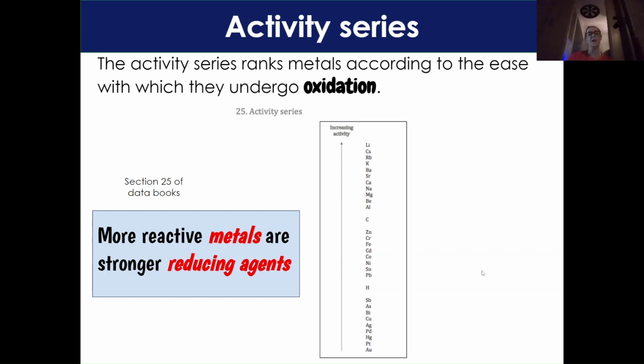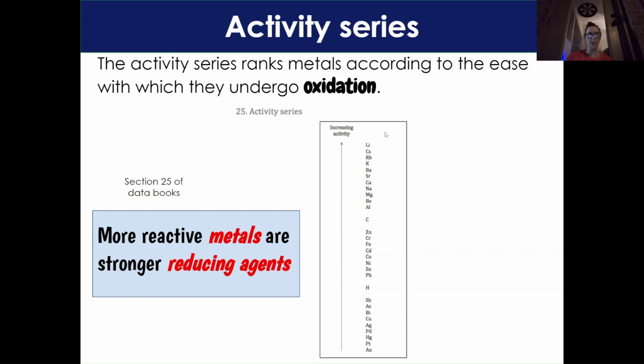Okay, so moving on, how do you know if something is preferentially going to be oxidized or reduced? Well, it has to do with the activity series, and this is no longer in your data booklets, but you do have a reduction potential table, which is table 19 of your data booklets, which is basically listing things in the order of how willing they are to be oxidized.